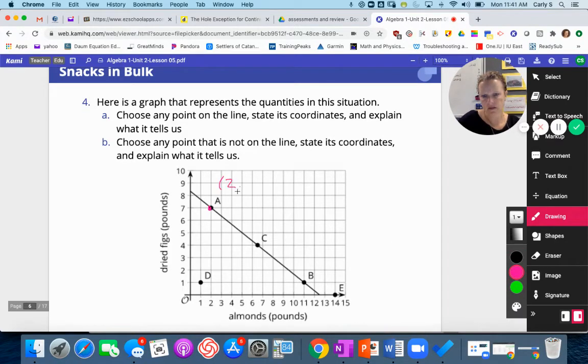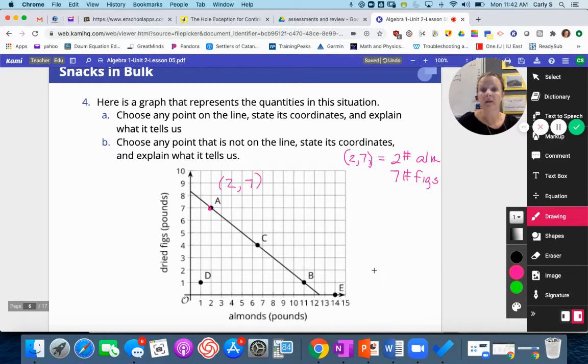This is 2, 7. That's an ordered pair. It represents 2 pounds of almonds and 7 pounds of figs.